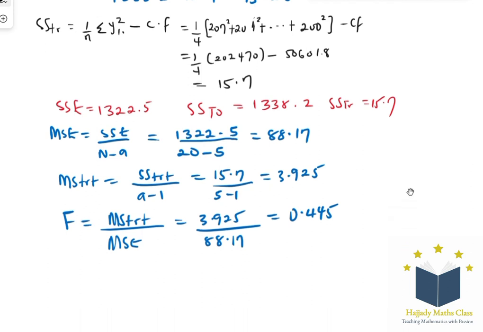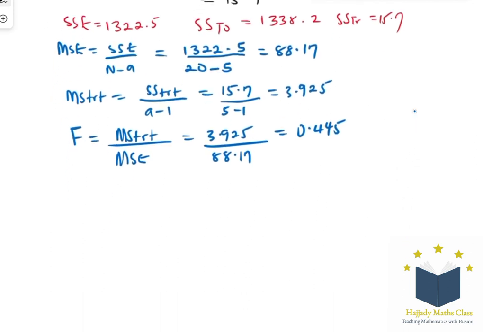So using your calculator, you can check your F table. If you want to check your F table, you're going to use F at 0.05, which is 0.95, comma the degree of freedom of treatment, which is 4, comma the degree of freedom of error, which is 15. So what you have, compare it.